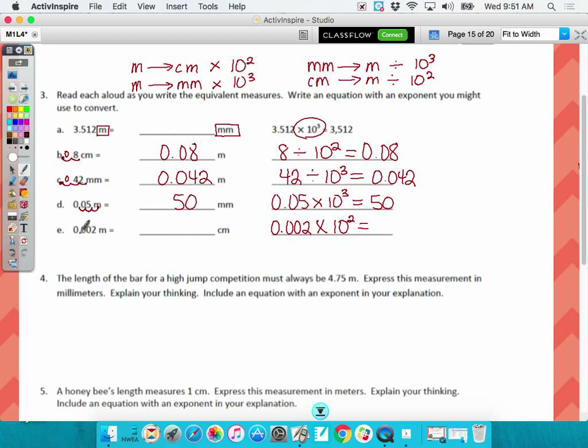Okay, so how many place values will I move? 2. So I'm going to end up with a decimal, 2 for my answer. What else do I need, boys and girls? The 0 in front. What's that number? 2 tenths.